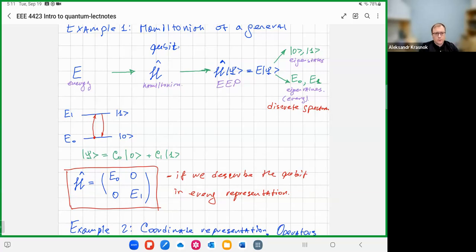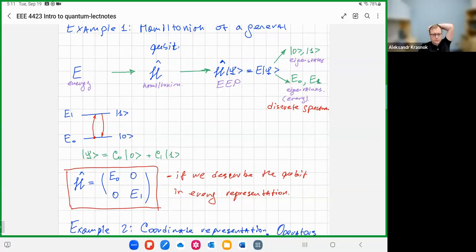For example, we constructed the Hamiltonian of a qubit. Then we can solve this eigenstate-eigenvalue problem, this EEE problem. Solving this problem, we can find the eigenstates and the eigenvalues, and the eigenvalues of the Hamiltonian are the energy states, the energy levels.